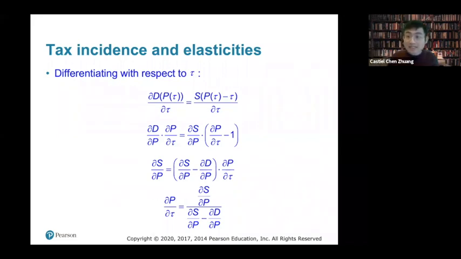So that's exactly the effect of the tax on consumers. And in most cases, it's definitely not one, right? So consumers do not have to share all the burden from the tax. The consumers share part of the burden, and that will be the tax incidence on consumers.